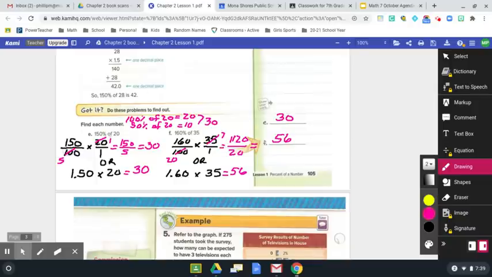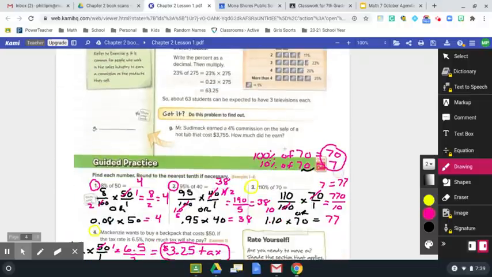When we did 150% of 20, we have a value larger than that. It was 30. 30 is 150% of 20. And same with letter F, 160% of 35. We need an answer that is larger than that, 56. And so that's another way of just checking your work. When you have those large percentages, you're talking about over the amount, over 100%, your answer should be larger.